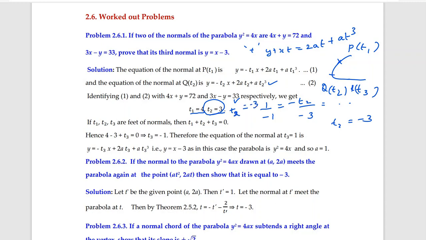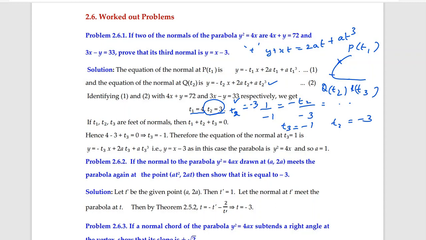So substituting that here, we get 4 minus 3 plus t3 equal to 0. So t3 plus 1 equal to 0, and therefore t3 equal to minus 1. So the equation of the normal at t3 equal to minus 1: we are going to just replace t3 by minus 1.